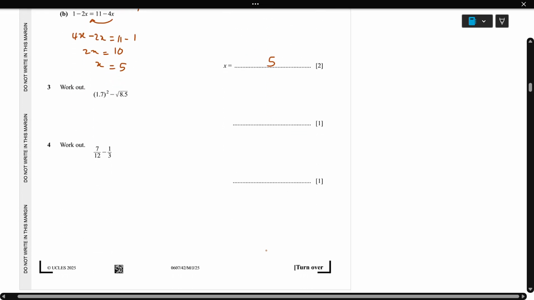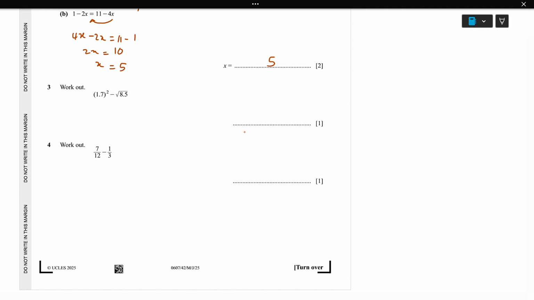Next, 1.7 squared minus the square root of 8.5. Use the calculator to get the value. The value is going to be negative 0.0255. Next one, work out. Here also you can use the calculator, or without a calculator you can make the same denominator.